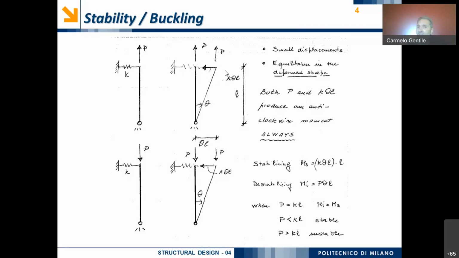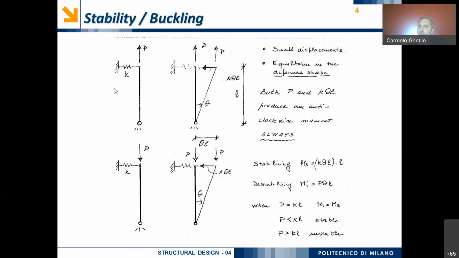So what happens is that this element, after the perturbation stops, is moved again to the original vertical condition. Basically, we have to assume that when the action P is a tension action, this very simple mechanical system is always in a stable kind of equilibrium.